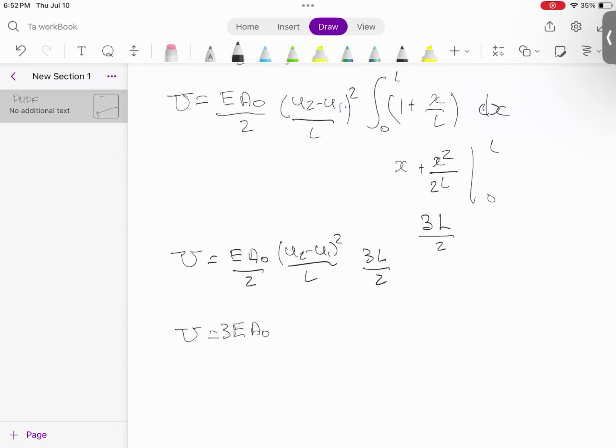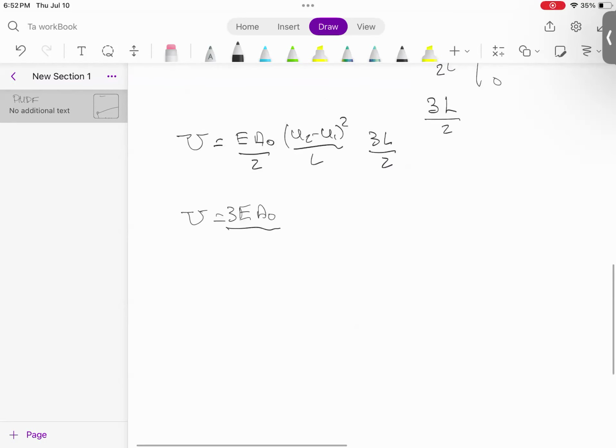Yeah, 3 A naught over 4L, (u2 minus u1) squared, and that is our final expression.